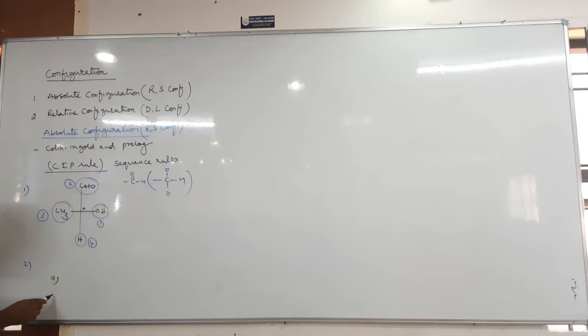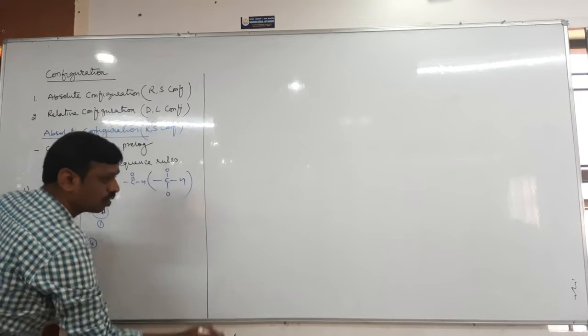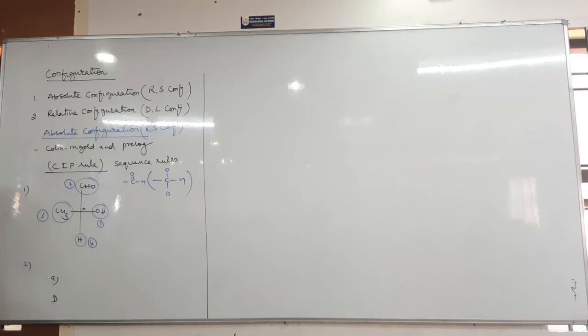B: if it is anti-clockwise direction, then it is called S configuration, and the fourth priority group must be on the vertical line or below the plane.